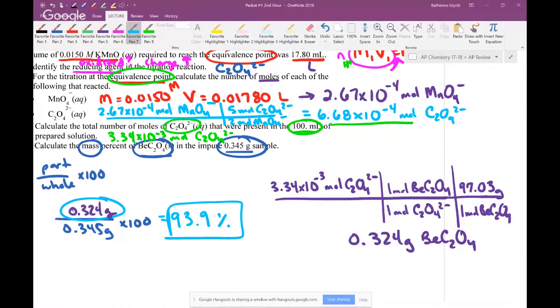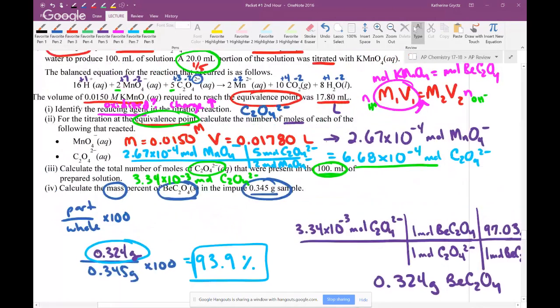Oh, okay. So then that's the answer for 4. Yes. Yeah, but they love this question about mass percent and impure things because that's actually a really good lab thing, to try to pull good things out of a bunch of garbage. So you need to be aware of mass percent.